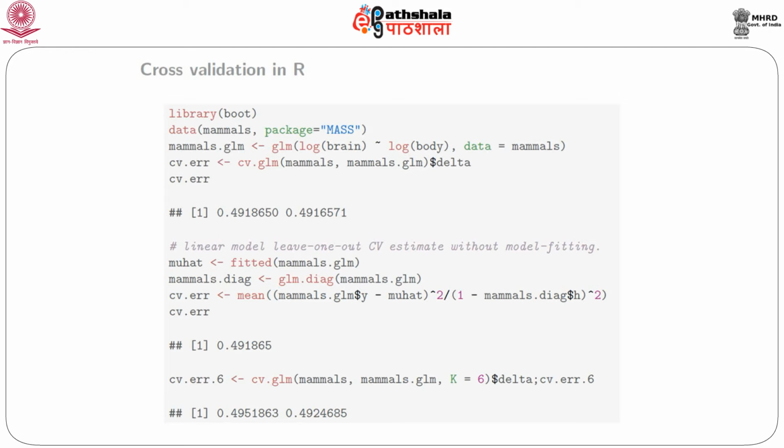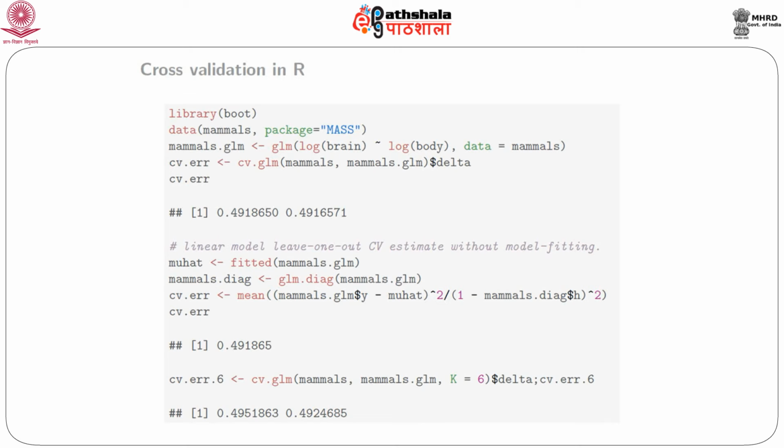So, if we run this and then use the command names on the cv.glm object, here it is CV1. It is call, K, delta and seed. The errors are stored in the delta object. So, to see the errors we can use CV1$delta, and it gives two values, 0.4918 and 0.4916.